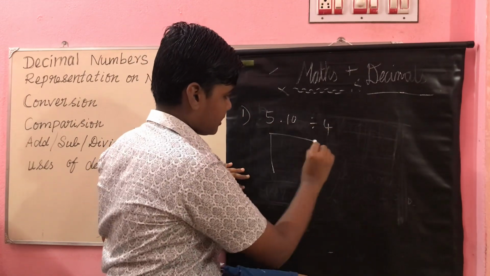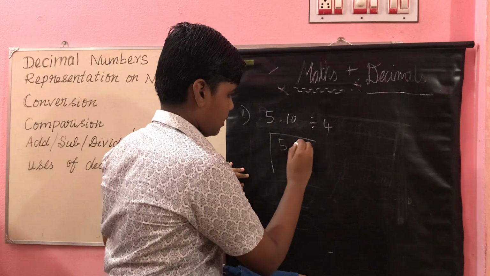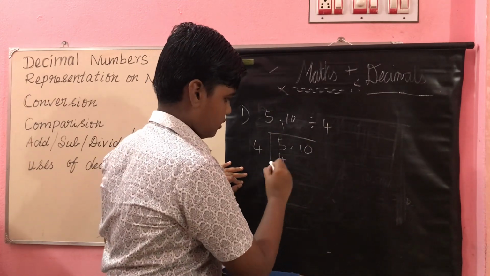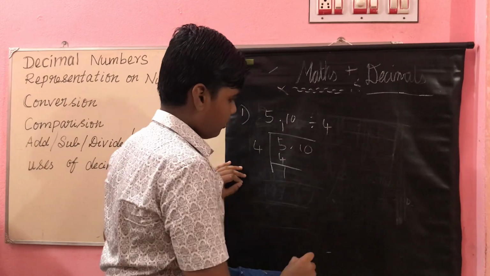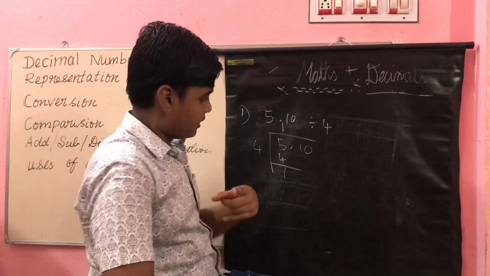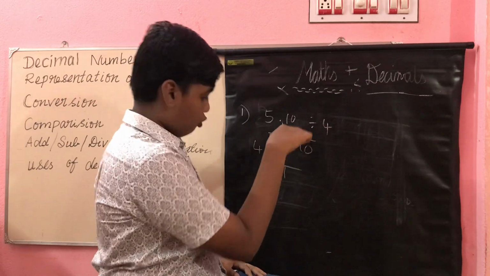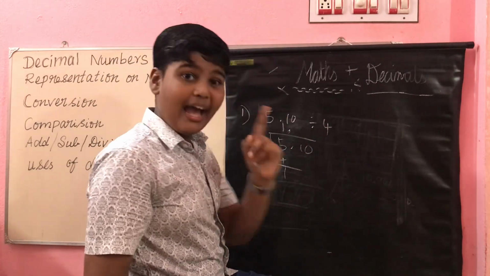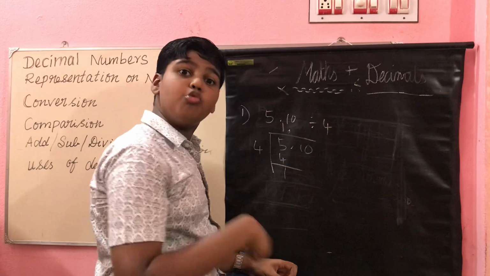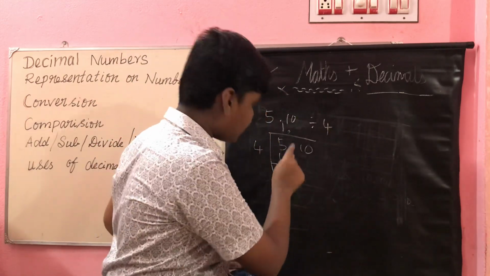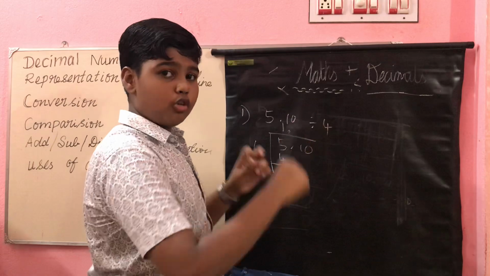So the same method, the division algorithm, we can do. So this goes in 1. And the next step is so important, that's the decimal point. Once you completed this step, you need to just add one decimal point, and only then walk to the next step. Don't leave it and say bye-bye and go. You need to write the decimal point and then only go to the next step.